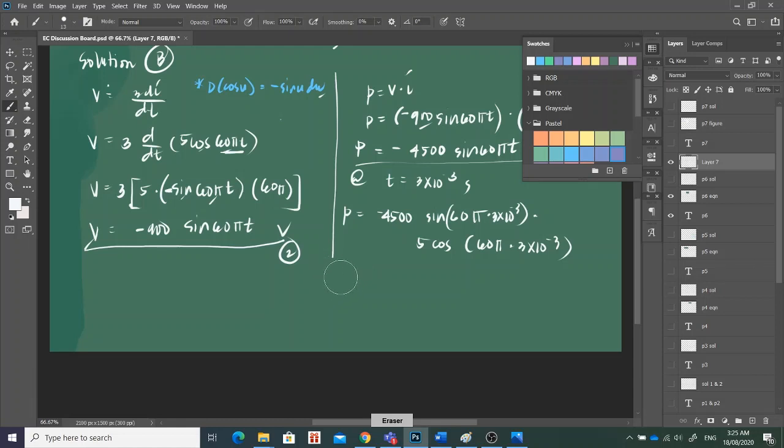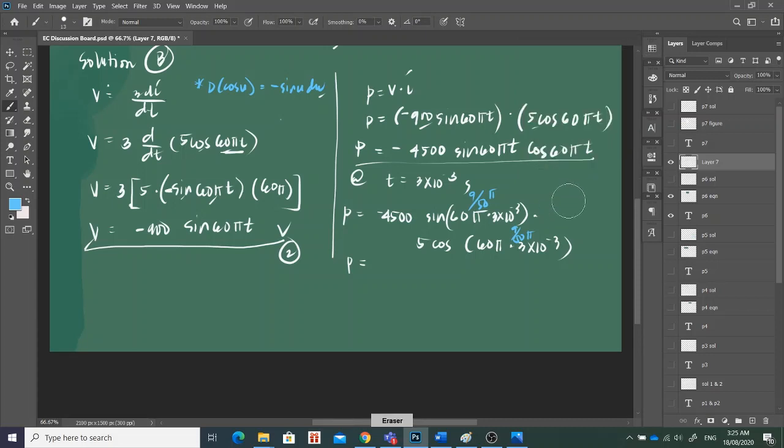Yung 60 pi times 3 times 10 raised to negative 3 is 9 over 50 pi, and yung kanina kinuha natin, 9 over 50 pi times 180 over pi, that is 32.4 degrees.